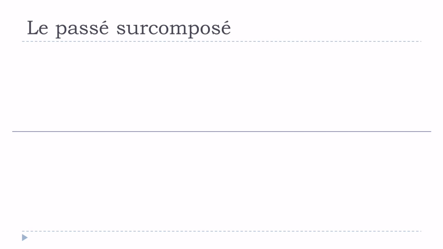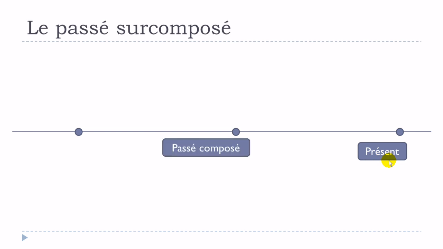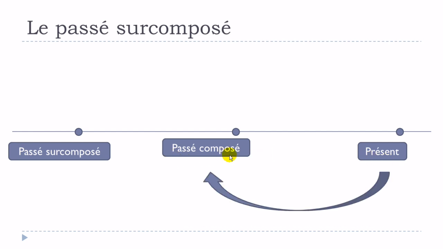Alright, so let's see the timeline, and let's imagine that this is the present. So this is now, and then we want to express something in the past, so we will use le passé composé here.